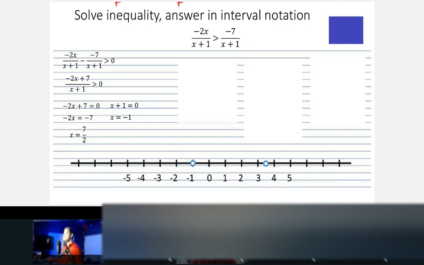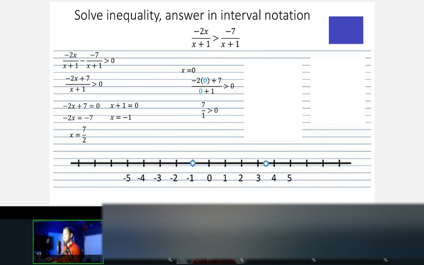So I went ahead and chose, for the first one, 0. So I did the middle, since 0 is an easy number and it's between them. So I tested that. I plug 0 into this. We could plug 0 into the original, but plugging 0 into this simplified one is easier math, I think.